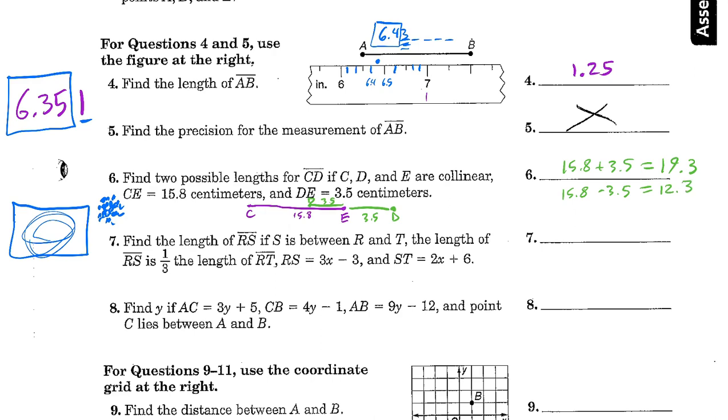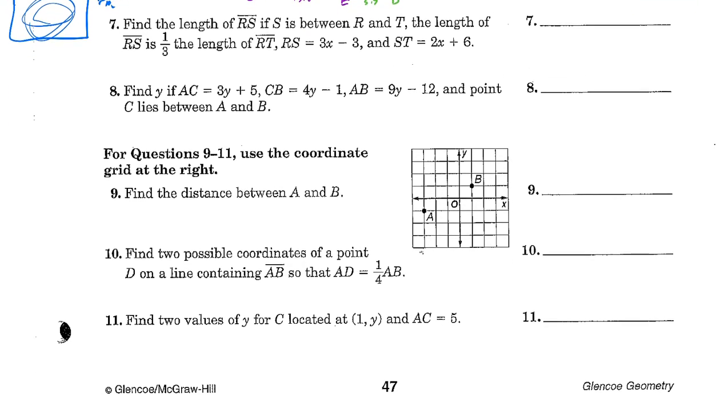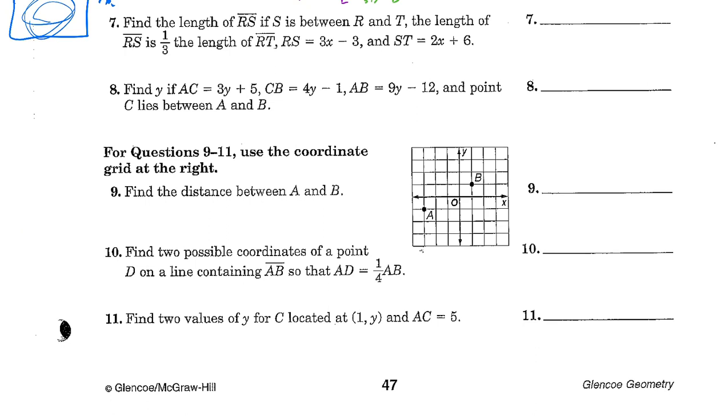Okay, find the length of RS if S is between R and T. So visually that means we've got a segment RT and S is between them, okay? But mathematically what that means is RS plus ST is exactly equal to RT, okay?